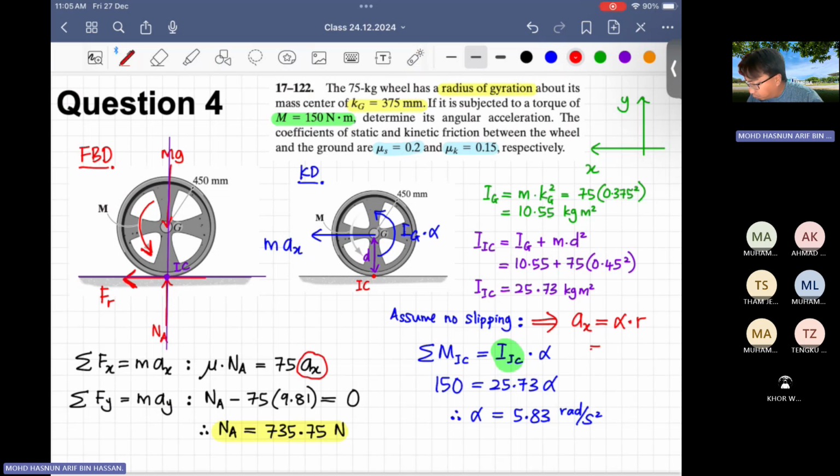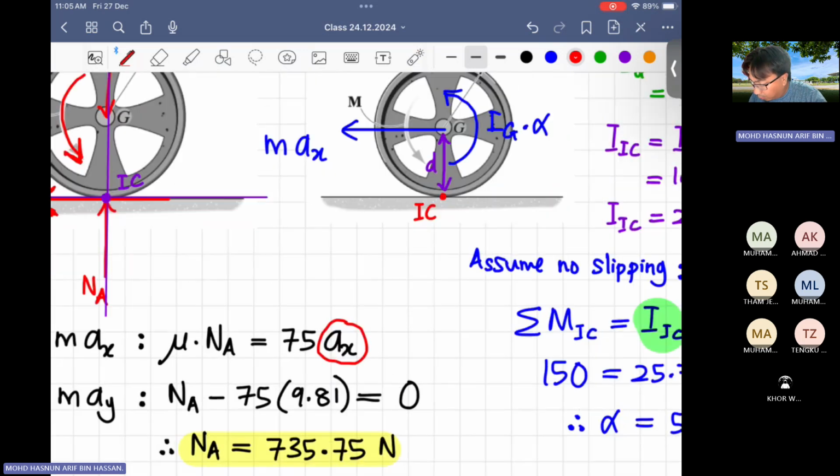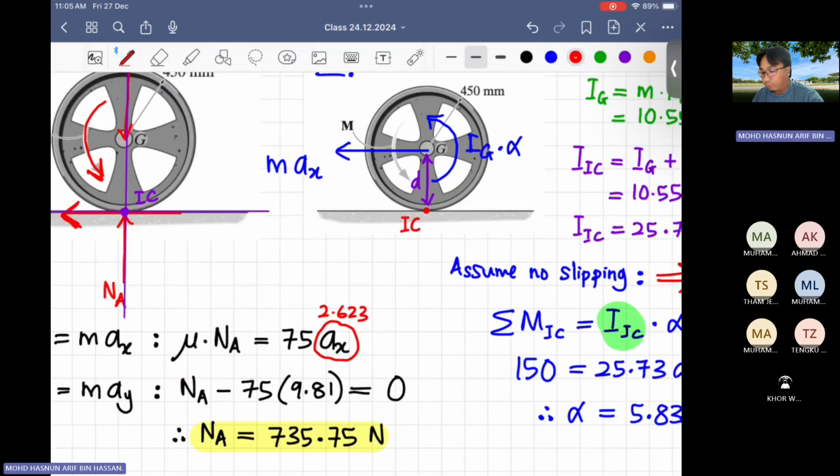AX will be equal to 5.83 times R, which is 0.45. So you will get AX is equal to 2.623 meter per second square. This is the value of AX. So this will go here, 2.623.